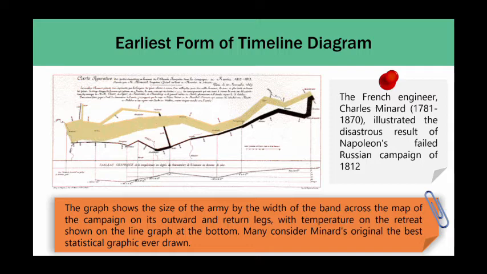It is the statistics of how many soldiers were deployed from one point of the timeline to another. So it is still called a timeline diagram. That will be all.